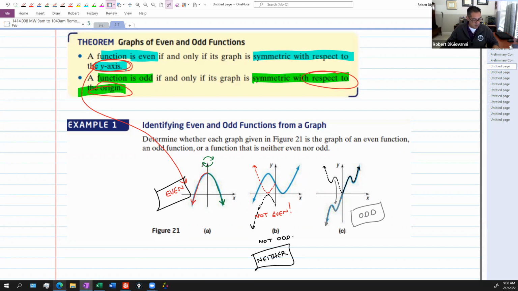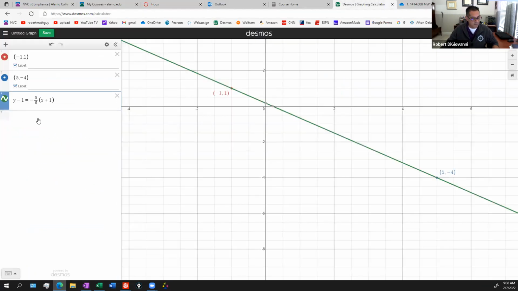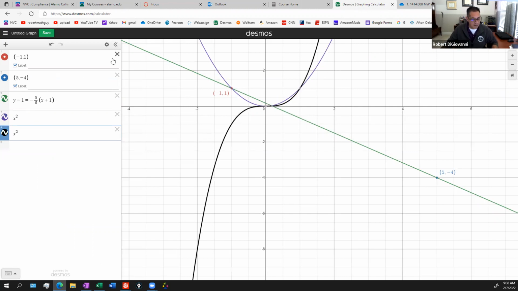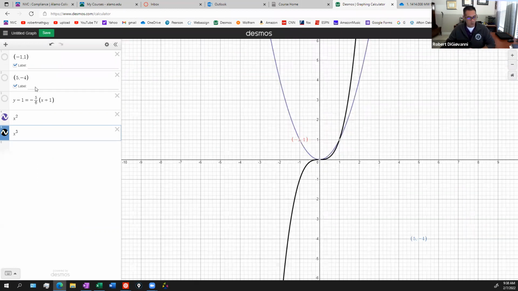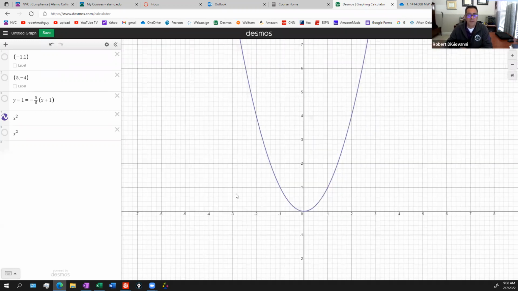Now, just to show you the functions that I had put up there, I said generic examples. I showed you x squared was an example of an even, and I showed you x cubed was an example of an odd. Let me get rid of these other things here. So let's talk about y. Here's x squared, right? Everyone agree that's even? Reflection over the y-axis, okay?